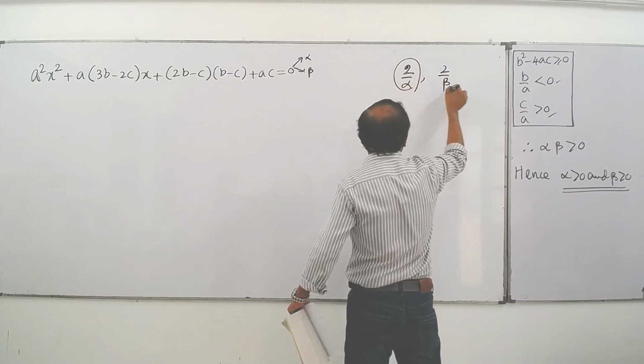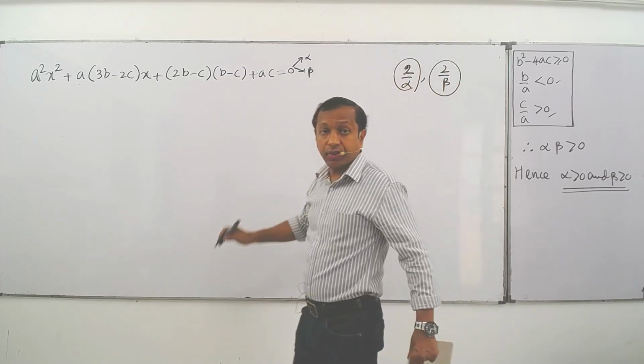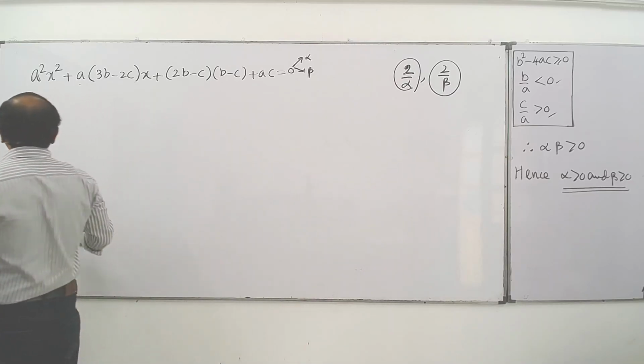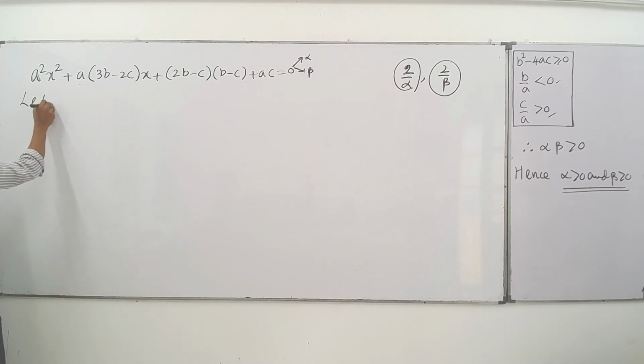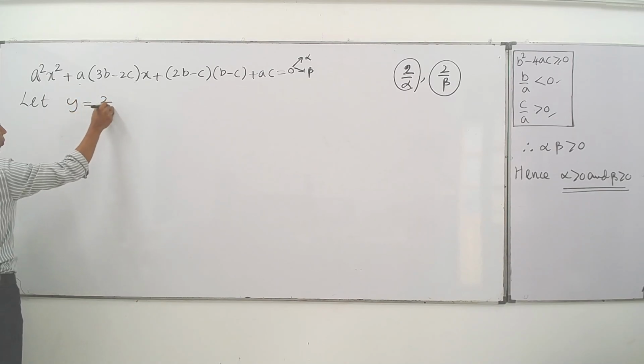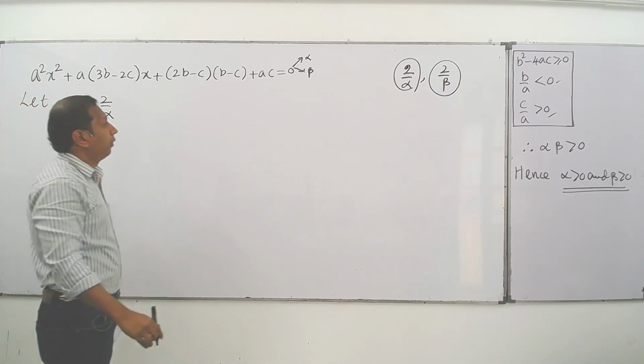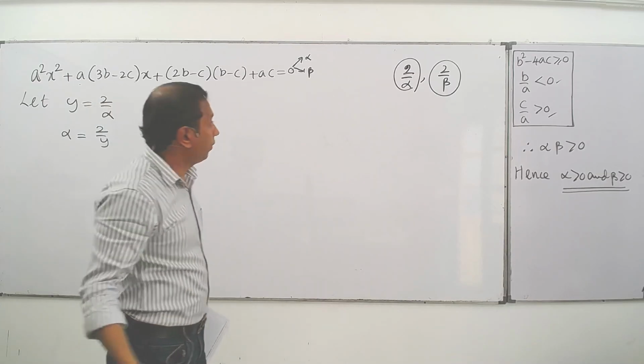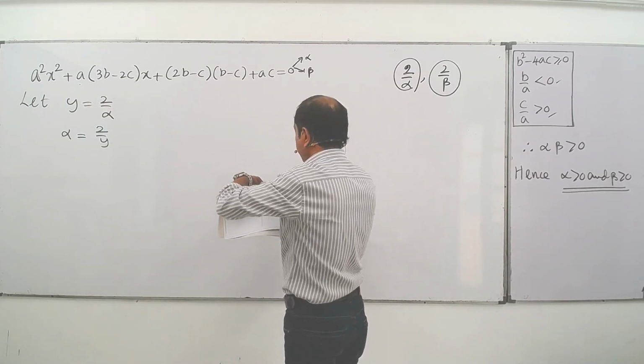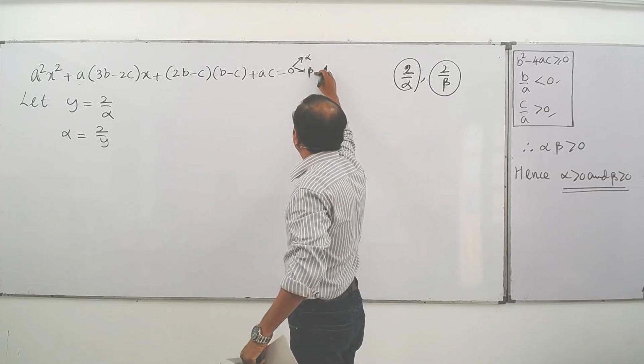Asking for the equation with the roots, one is 2 over alpha, other one is 2 over beta. So these two roots you can see are symmetric. Then we take one root as y. Let y equal 2 upon alpha. Then alpha as the subject is 2 upon y. Right? If I take this equation, its one root is alpha, other one is beta.